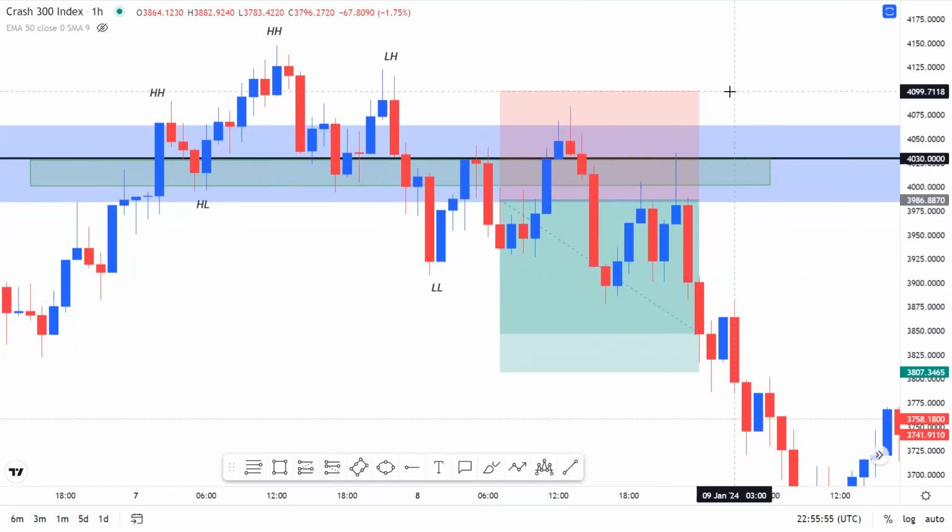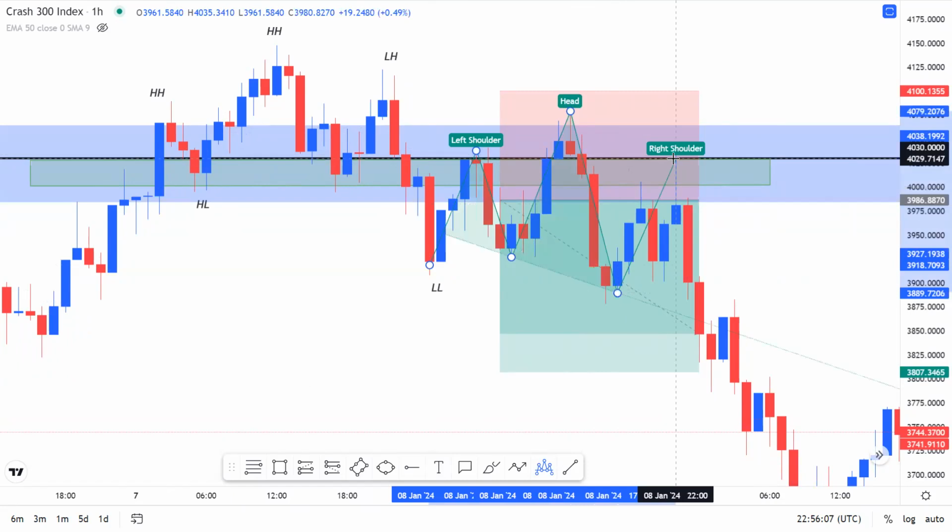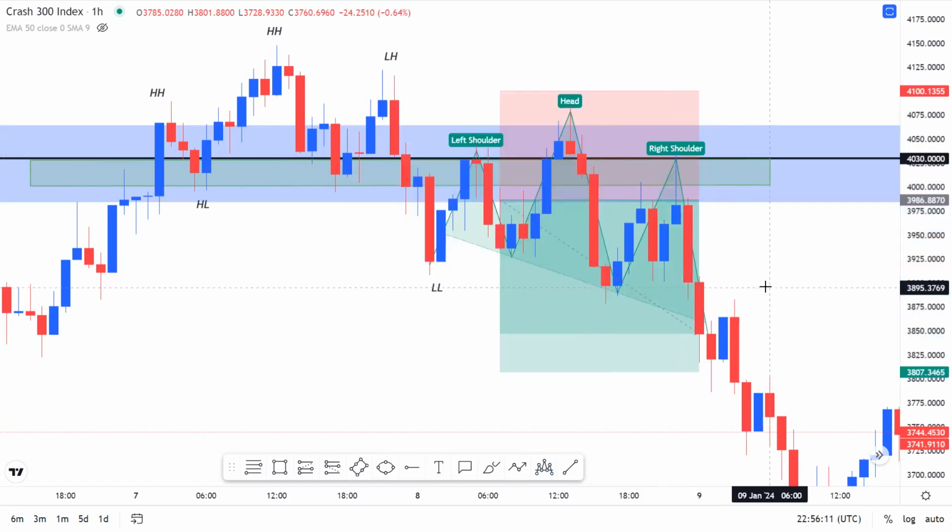And then we had this nice retest of the level again, this nice retest of the neckline of the head and shoulder pattern. Then, of course, again, forming yet another short pattern. So we had also right here a second head and shoulder short pattern. You can see every indications were pointing to the downside.